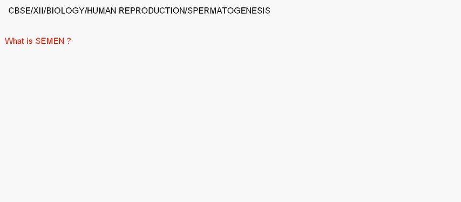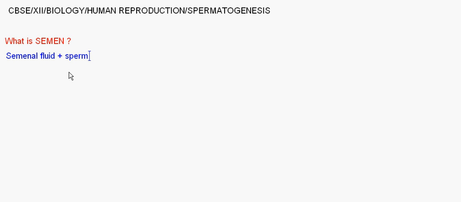So semen is the fluid, seminal fluid in which sperm is present. Now why are we saying this? Because this seminal fluid is released by the glands present in the male reproductive system. So what are these glands? These are epididymis, vasa efferentia, vas deferens, seminal vesicle, and prostate.